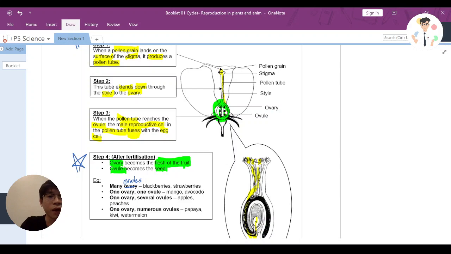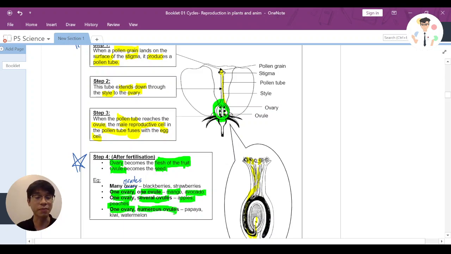Next, one ovary with one ovule means one fruit with one seed, for example mango and avocado. How about one ovary with several ovules? For example, apples and peaches. And one ovary with numerous ovules, for example papaya, kiwi and watermelon. These are some of the examples.